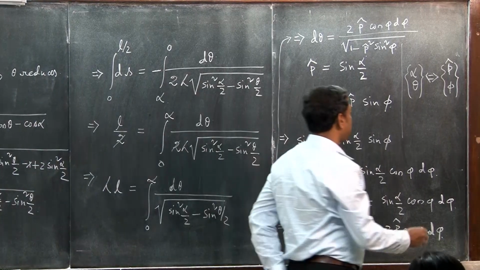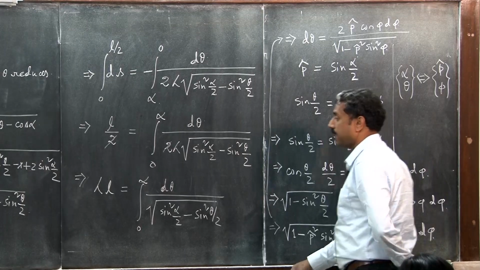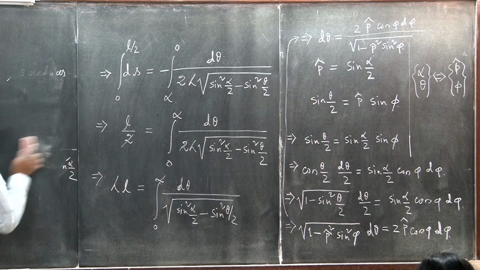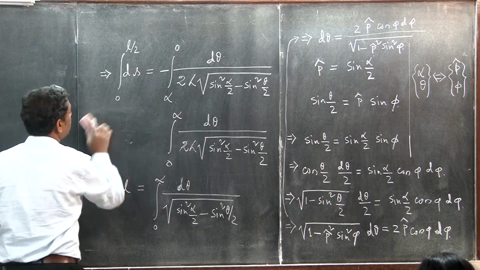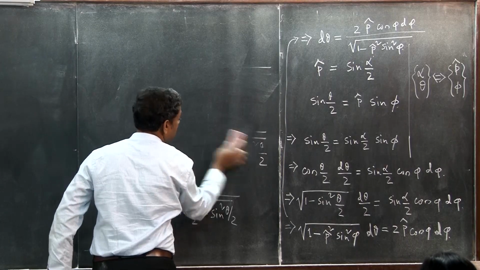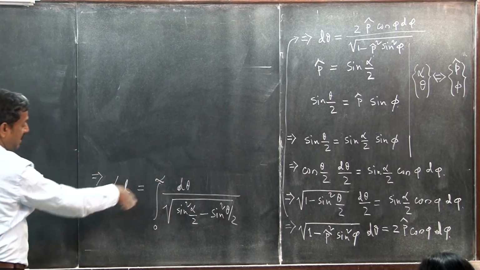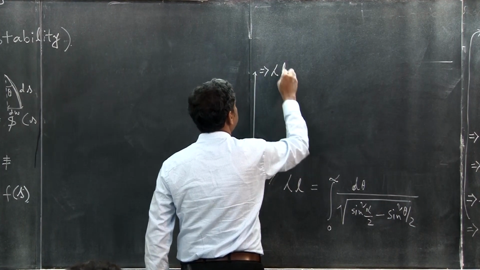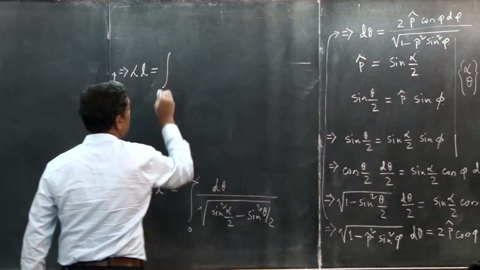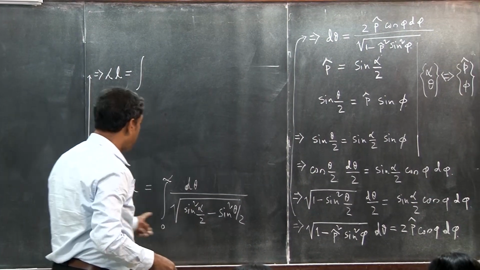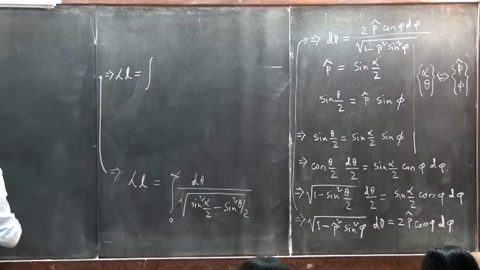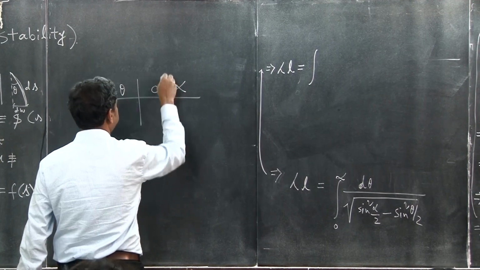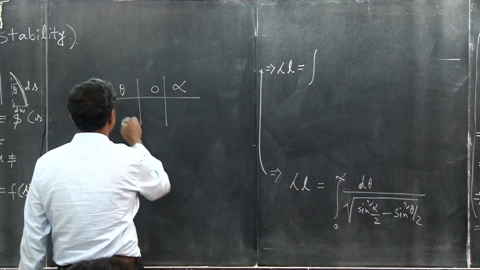Now these two parameters have some meaning that I will tell you later. It will give you a very beautiful structure of the integral. So I am removing everything and will only do lambda L, which is the integration from theta 0 to alpha, and then we make it phi.